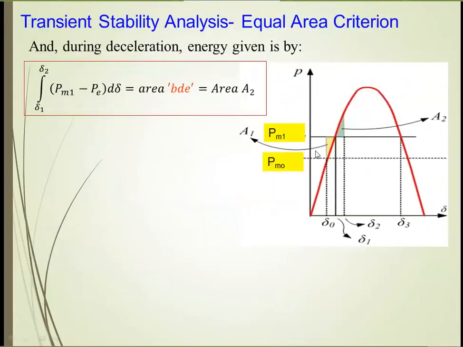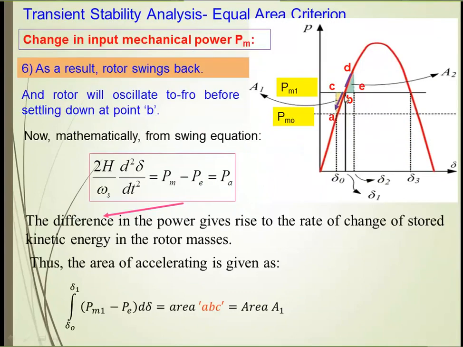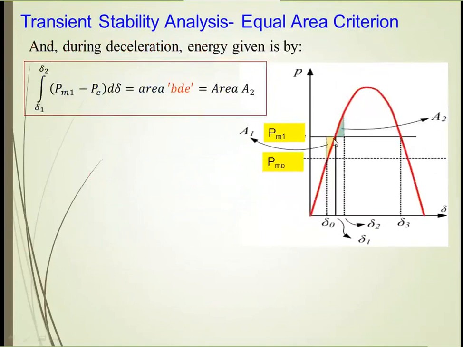Similarly, beyond the point B here now, right? Because if you go back, this was the point B. So beyond the point B, we write another area where you have the deceleration. So we integrate from delta 1 to delta 2. But again, we write in the same way, PM minus PE, right?